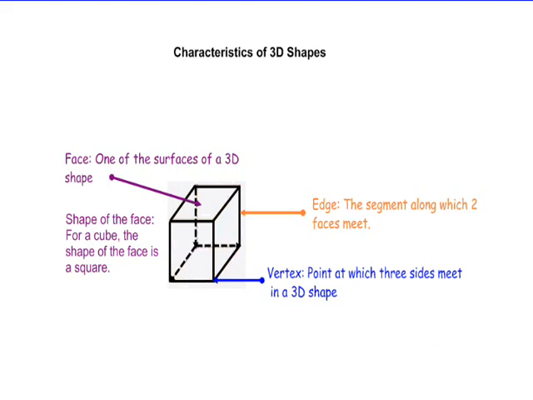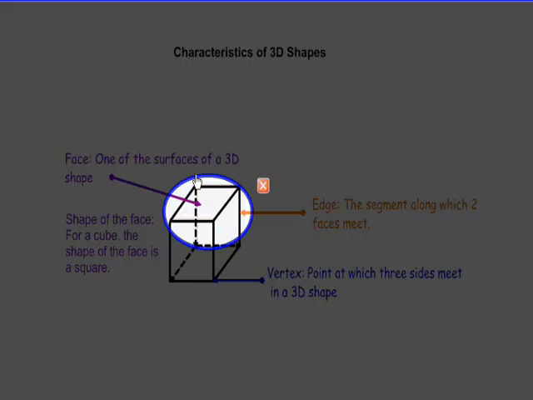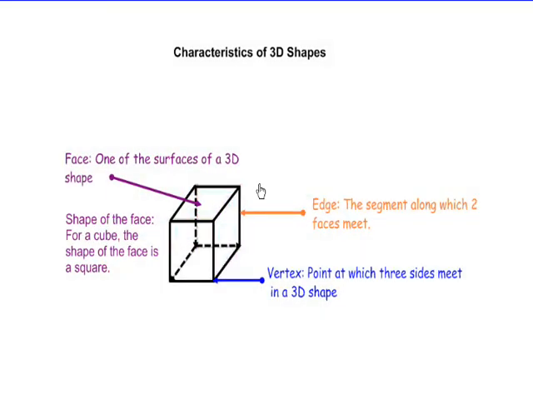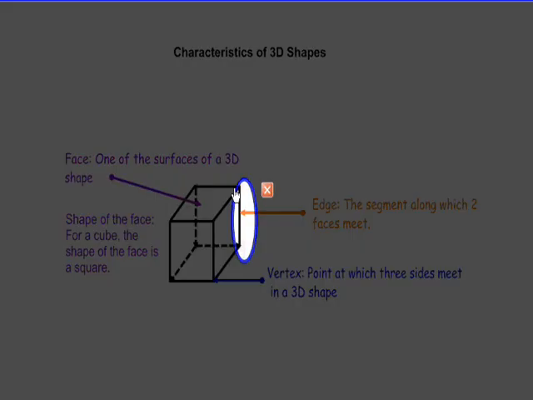Now let's move on to three-dimensional shapes. Students need to be able to identify the following in three-dimensional shapes. The number of faces. That's one of the surfaces of a 3D shape. The number of edges. That's the place where two faces meet.